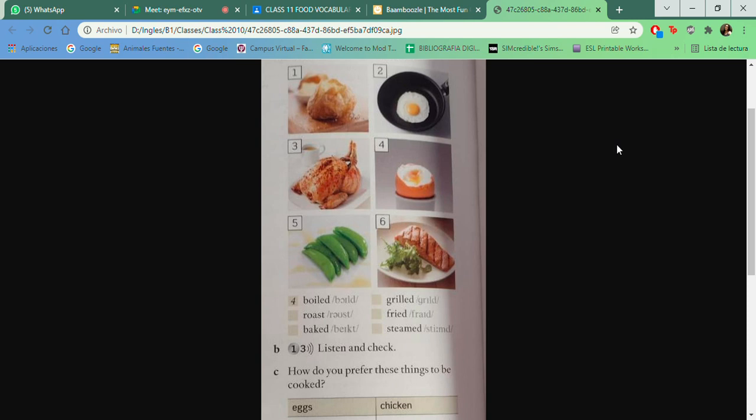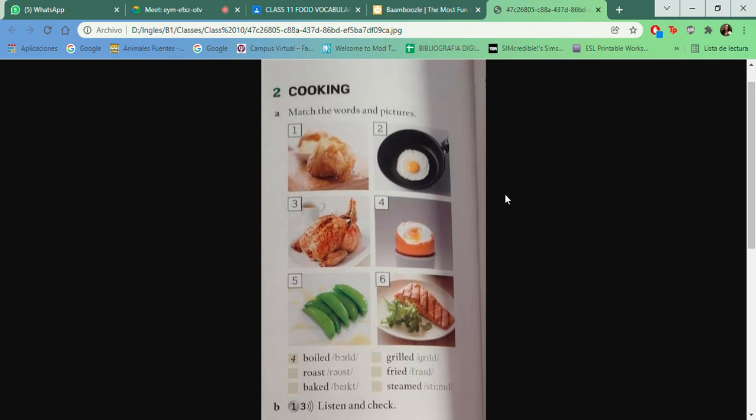Now can you see it better? Good. Here we have to match the words and the pictures. For example, number 4 is boiled egg, right? This is a boiled egg. That is a weird picture, honestly.